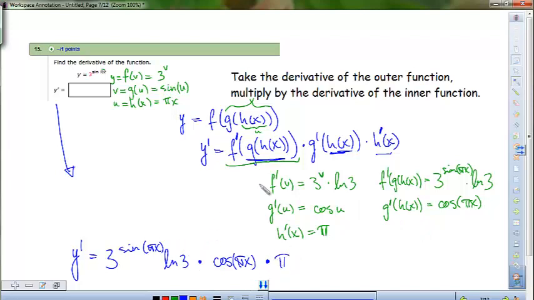So this looks okay as long as it's clearly being multiplied. I don't see any negative signs anywhere that might get things confused, but just to be absolutely sure, you can put brackets or parentheses around each of those factors, so that we're making sure that we're getting it all complete. Okay, so this is a 3-layer chain rule.